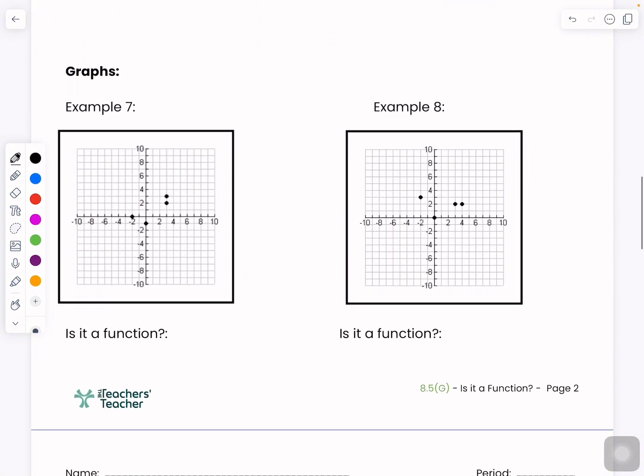Now let's take a moment to look at some graphs. When determining whether a graph represents a function, it's important to use the vertical line test.